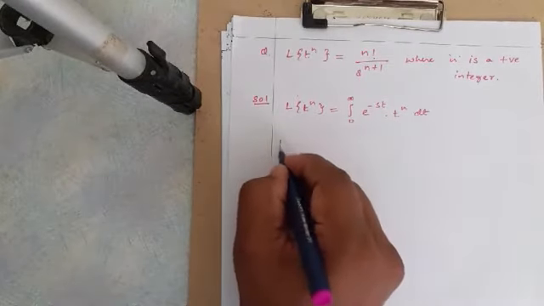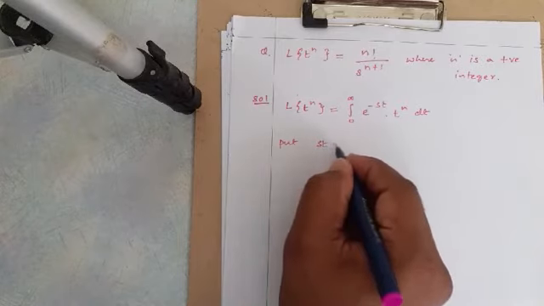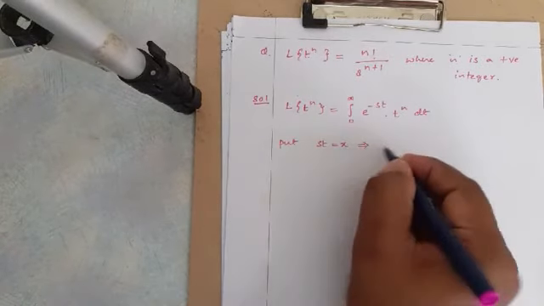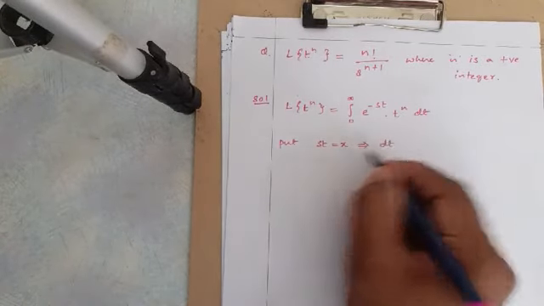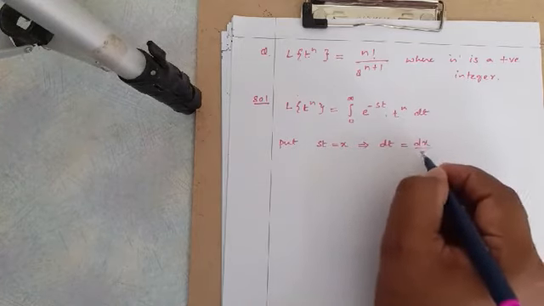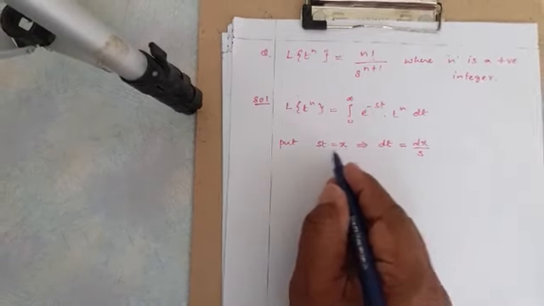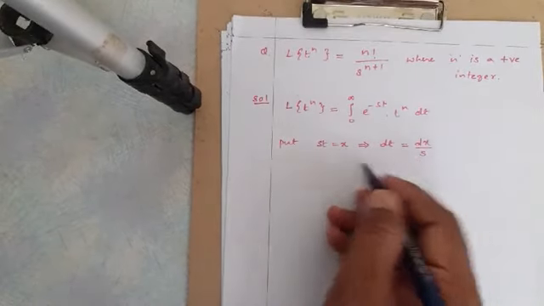Now we take a substitution, put st is equal to x, implies when you differentiate this, s dt is equal to dx.